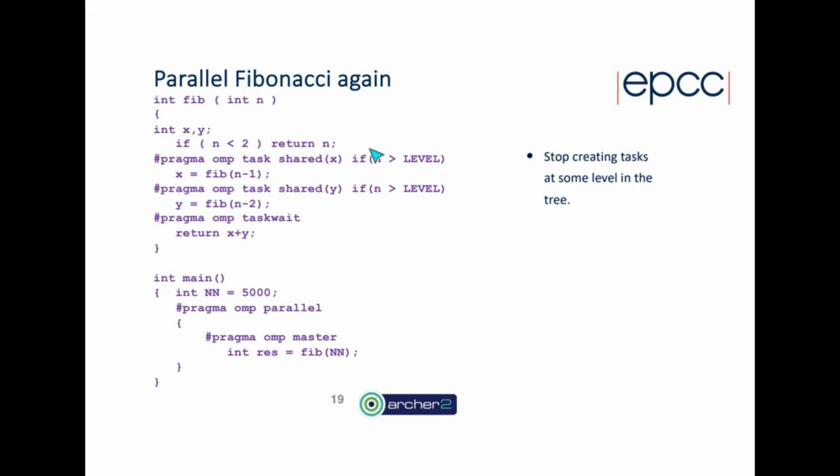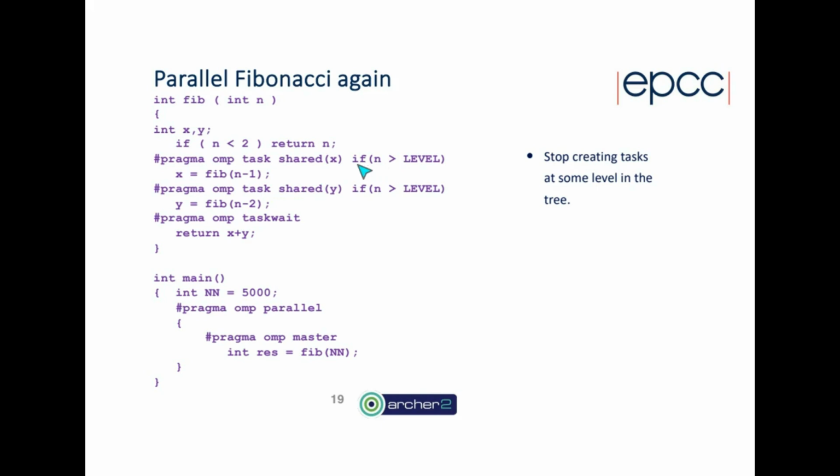There's actually a little bit of convenient syntax here. The task construct takes an if clause, and only if the if clause evaluates to true will it actually create a task. Otherwise, it'll just execute the code block sequentially.